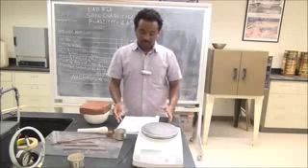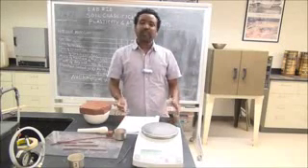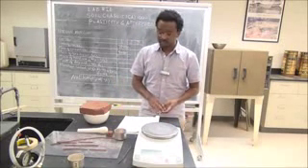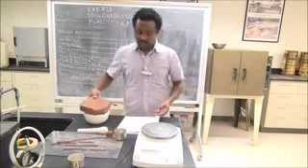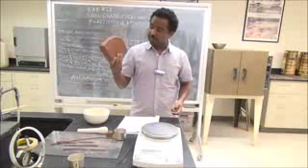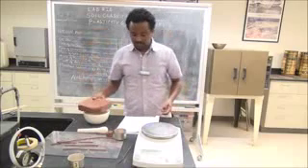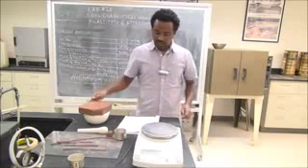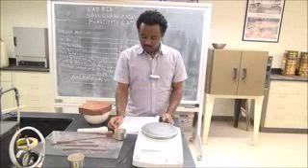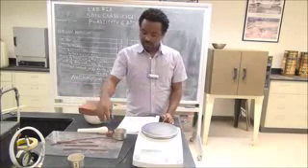The first part of our test will be the soil description and determination of natural water content. Here we have the soil sample, which is a block of clay, and from this we take out 30 grams of soil.